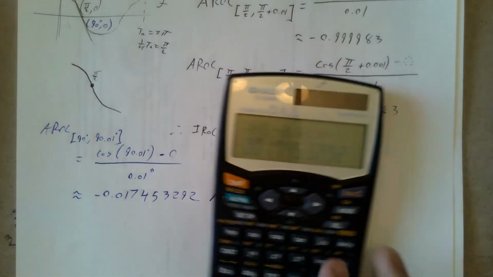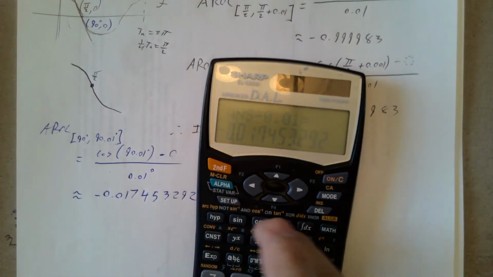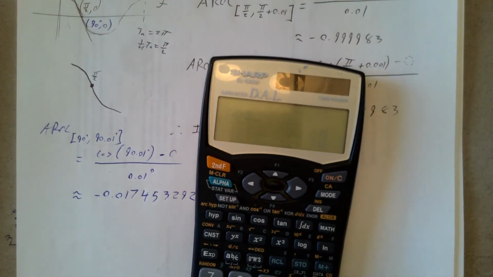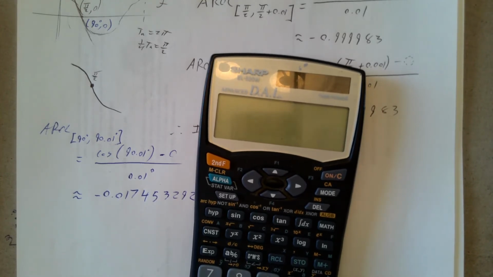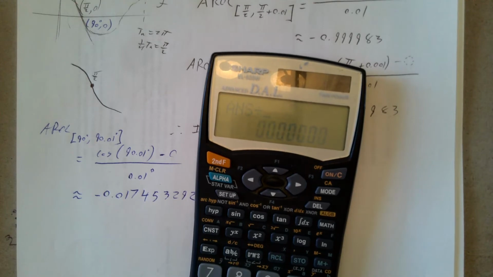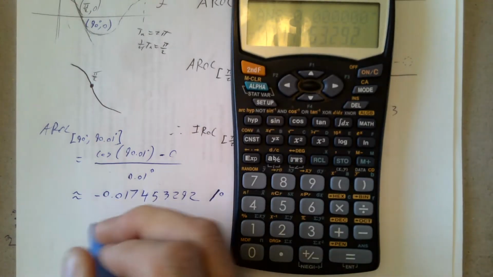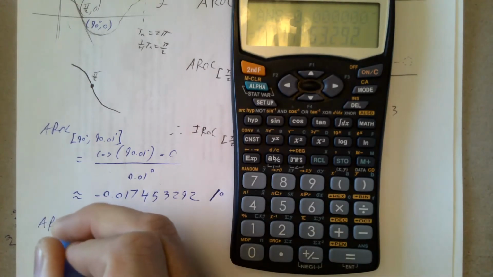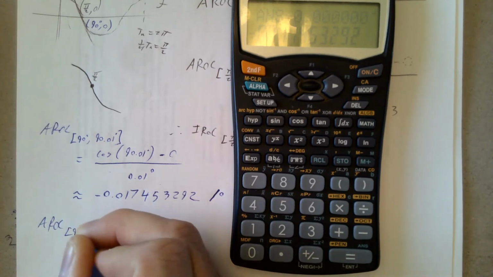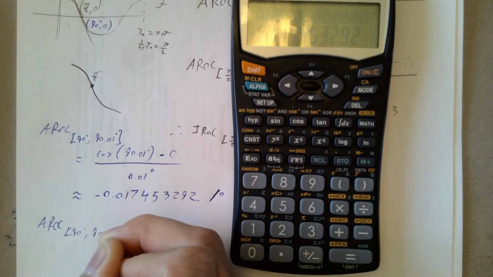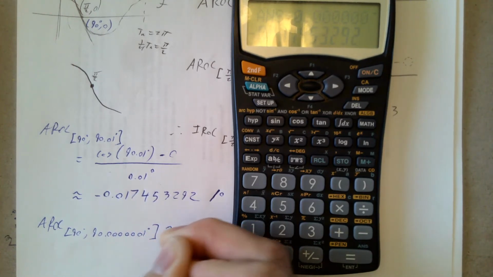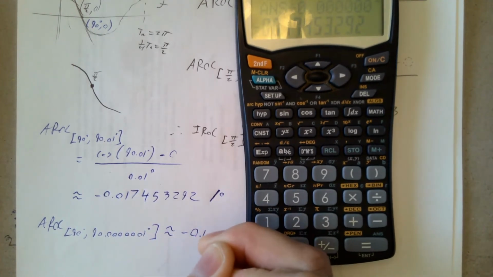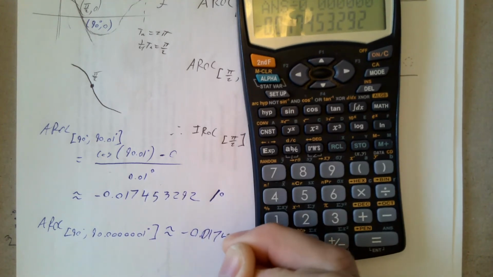If I were to try to calculate over a smaller interval, let's make it much smaller, from 90 degrees to 90.1234561 degrees, I get about -0.01745-ish.